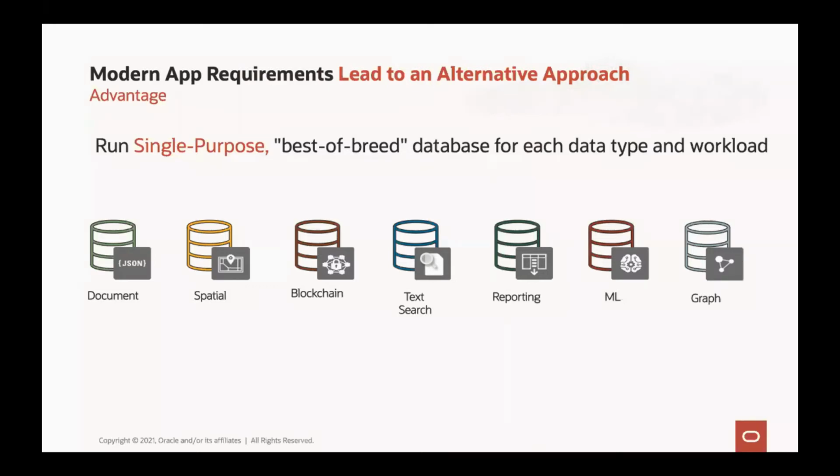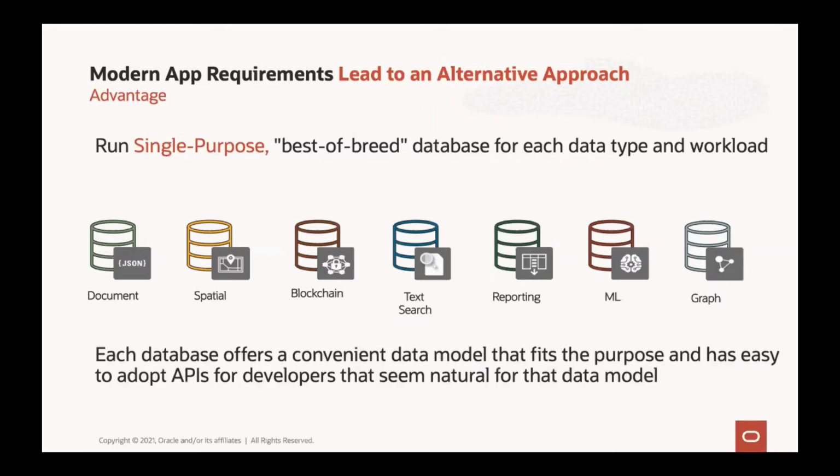We have to use a spatial database, which is used for location purposes, a blockchain, a text data store, a specific database for reporting, specialized for analytics and machine learning, for example, and for graph, a totally different database.